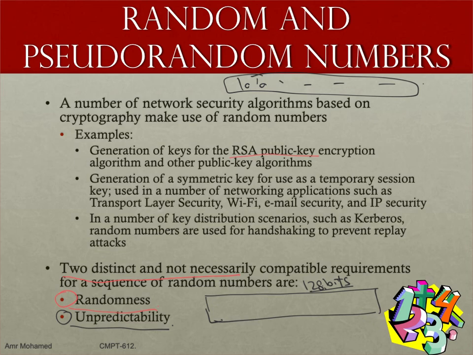Because if the random generator generates more ones than zeros, then the attacker will play on the zeros, saying, I know that, for example, 20% of the bits are zeros. This reduces the number of combinations right there.